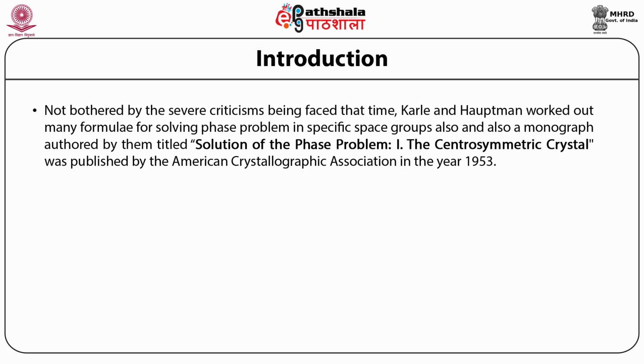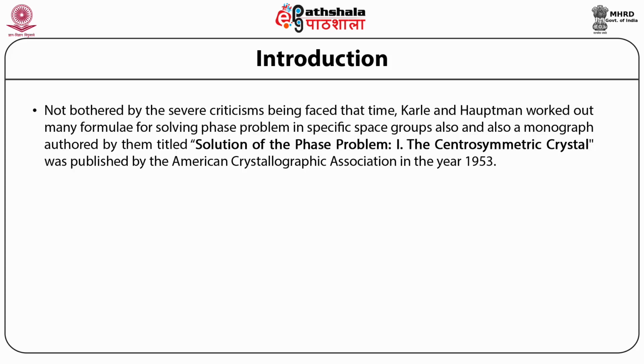As per solid state physics, atoms have to undergo vibration. And also, when chlorine, nitrogen, oxygen are there with different numbers of electrons, how can you consider all of them as point atoms? But the criticisms didn't trouble Professors Karle and Hauptman, and they had confidence in their methodology.